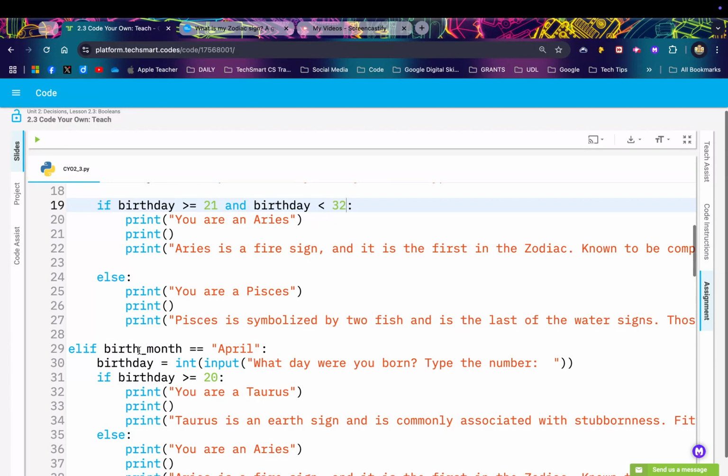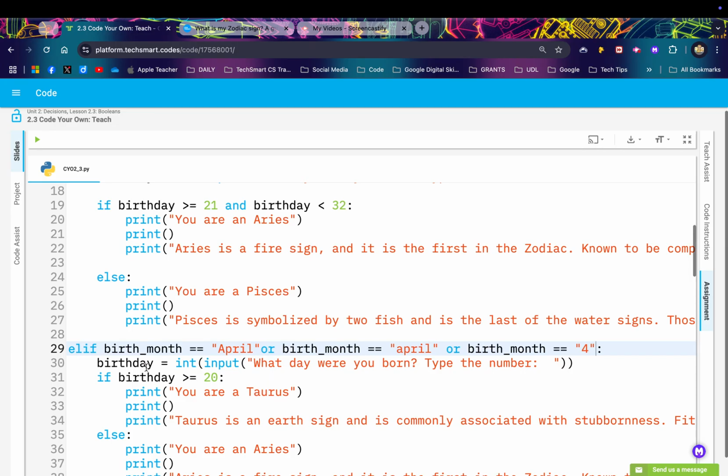So elif birth month equal April. And then right here again I can go or birth underscore month equal April. Or birth underscore month equal 4. Isn't it January, February, March, April? Yeah, it's the 4th month.